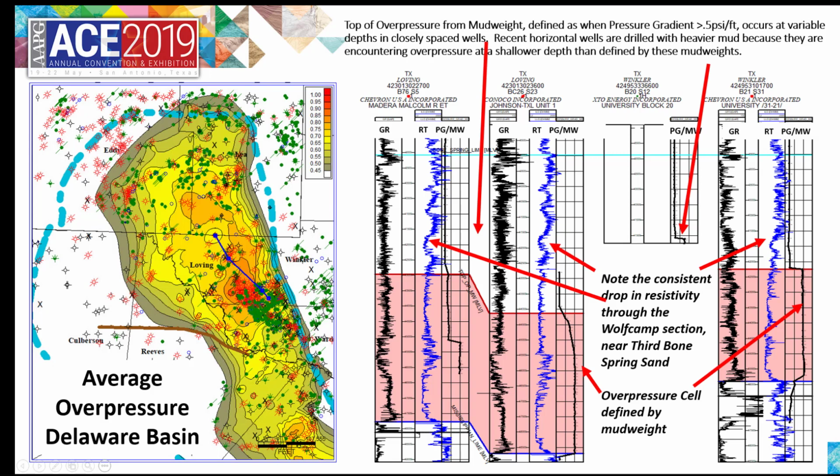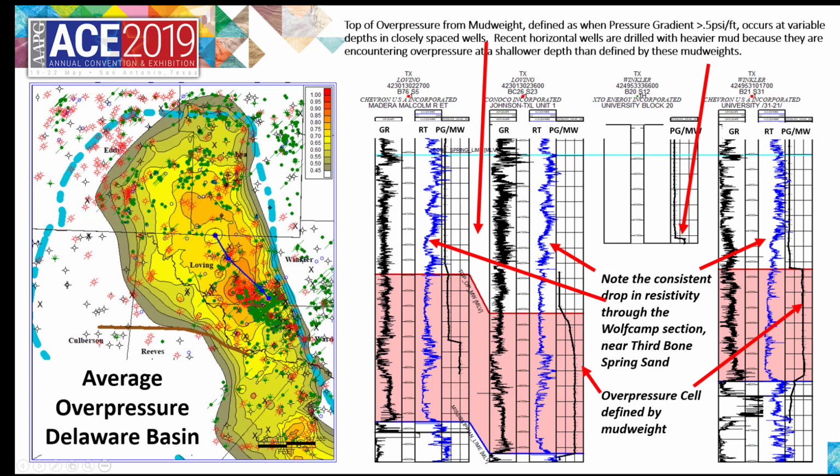Okay. So while I'm standing here making these comments about how mediocre the mud log pressure gradient per foot is, what I notice is that the resistivity drops pretty significantly at the top of the Wolfcamp in each one of these wells.